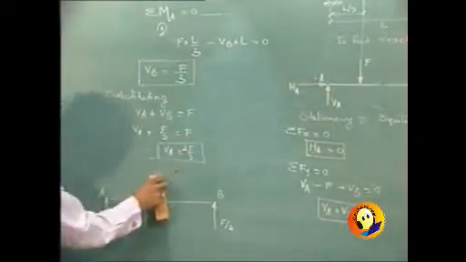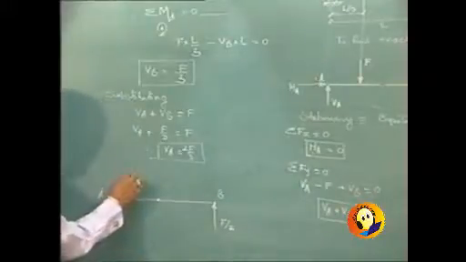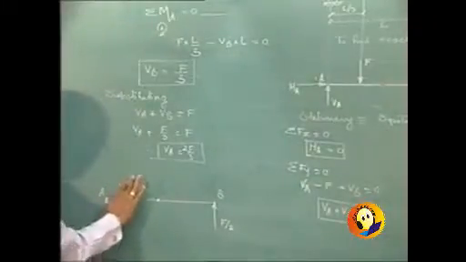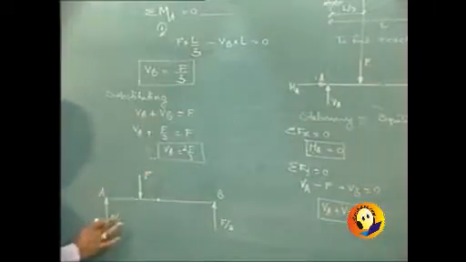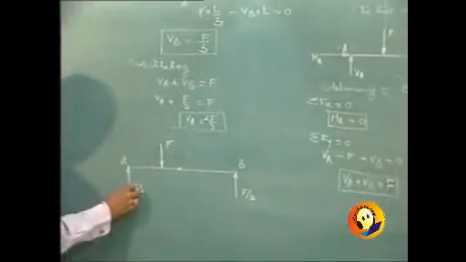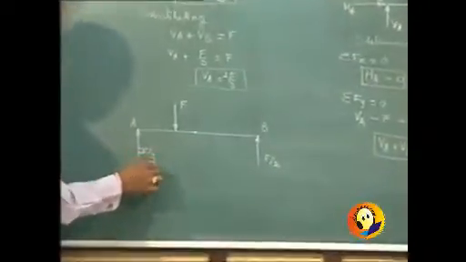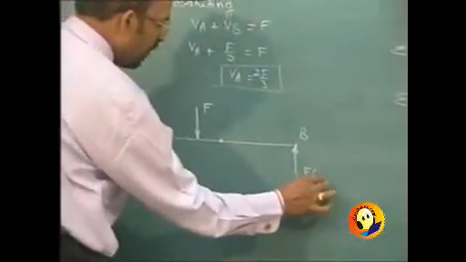And ultimately the answer will be written as force F, reaction at A will be 2F by 3 and reaction at B is F by 3.